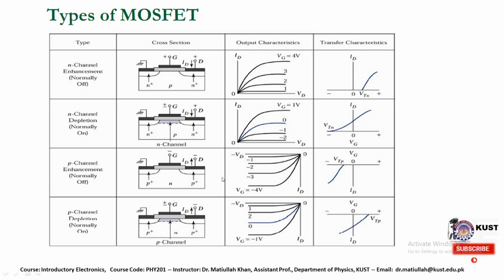And coming toward the P channel depletion, that is normally on, in this particular case we have curves like this, so we can get positive values, and this is on the other side. So these are the curves between ID and VD for the P channel depletion, that is normally in switch on mode.